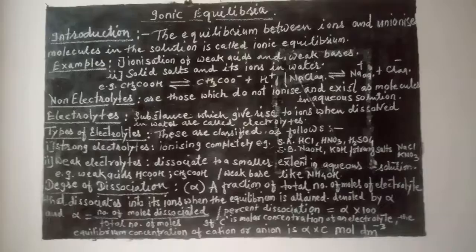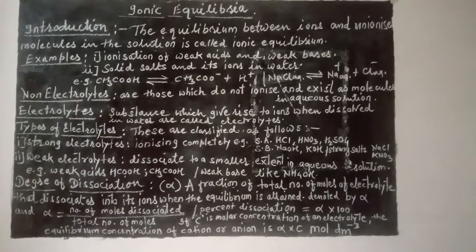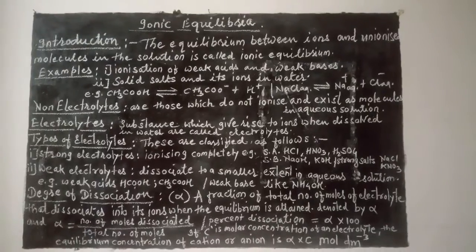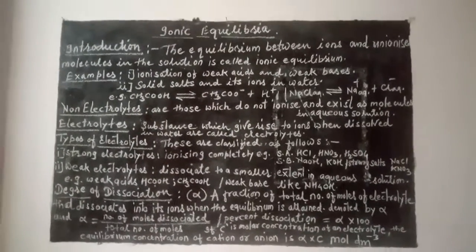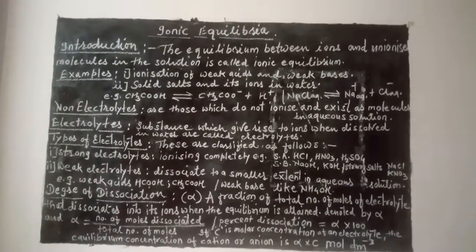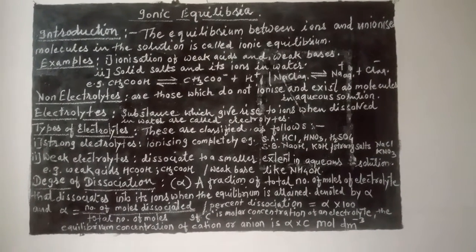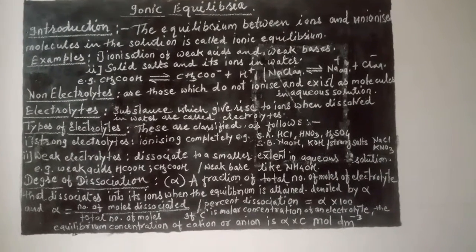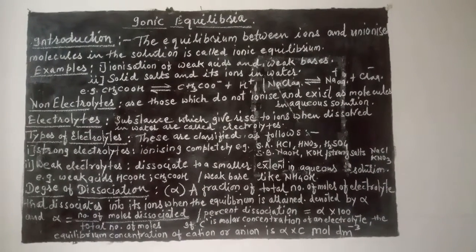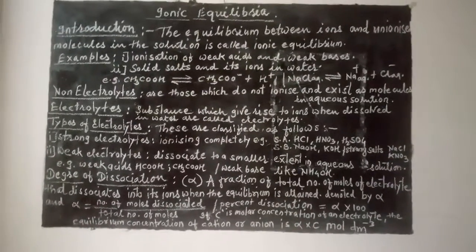Suppose I have 1 mole of acetic acid. If 0.2 mole of acetic acid is dissociated, therefore 0.8 mole of acetic acid remains undissociated. So in this way you can calculate the number of moles dissociated. For your information, 1 mole of substance is equal to 6.022 into 10 to the power 23 particles.